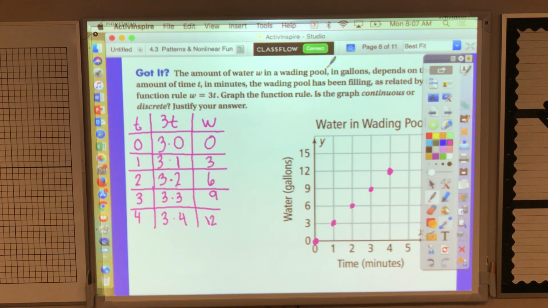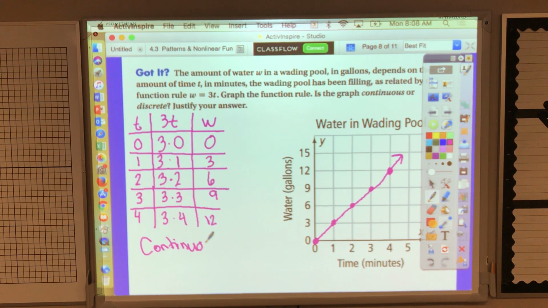I know there's probably one because it's a pool, but they didn't tell me what that was, so I'm going to connect these with a ray. I can't go past 0 or I'd be negative, and then I can keep going. They didn't tell me a limit. Since I connected them, that tells me we have a continuous graph.